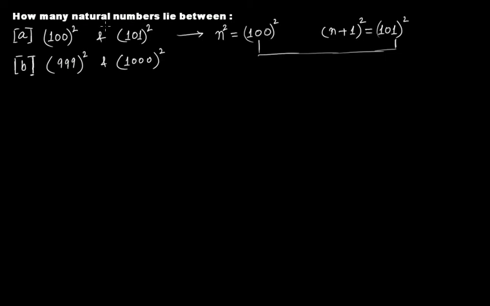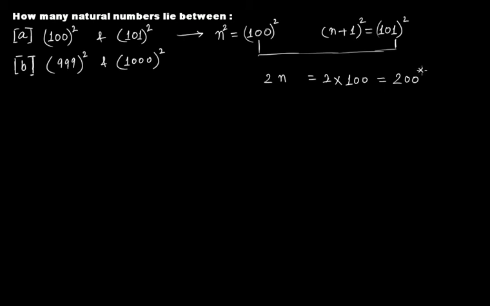So we find the number of non-square numbers that come between 100 squared and 101 squared by the formula 2n, where n is 100. So this is 2 times 100, and this gives us 200.